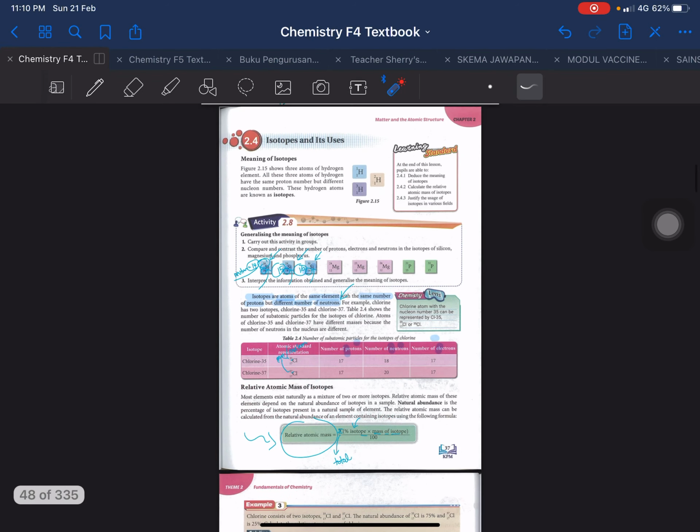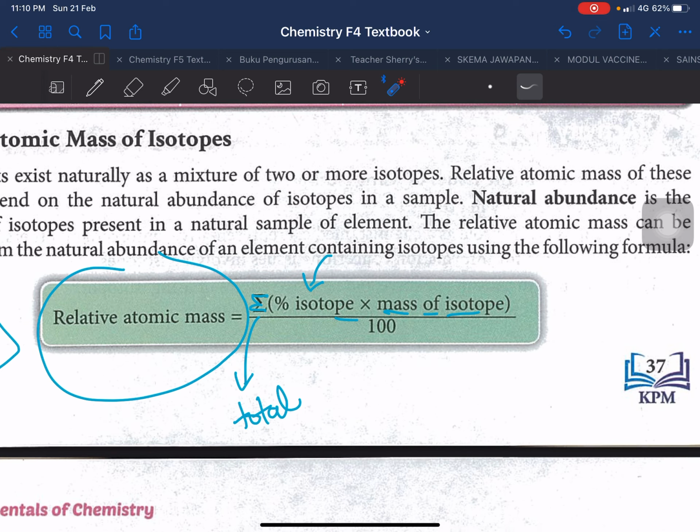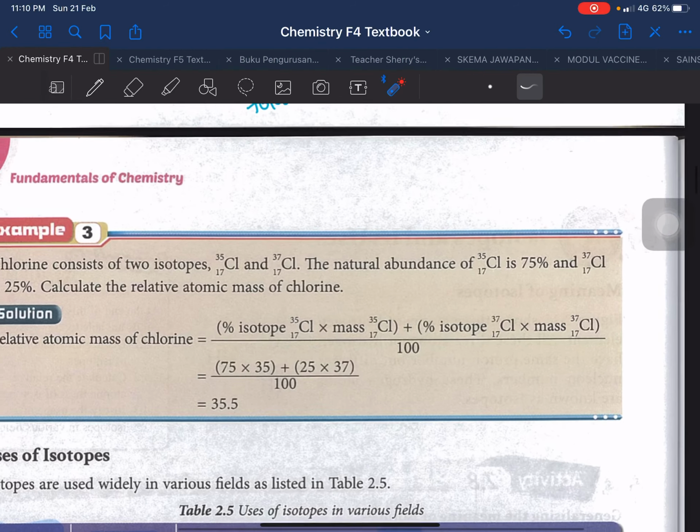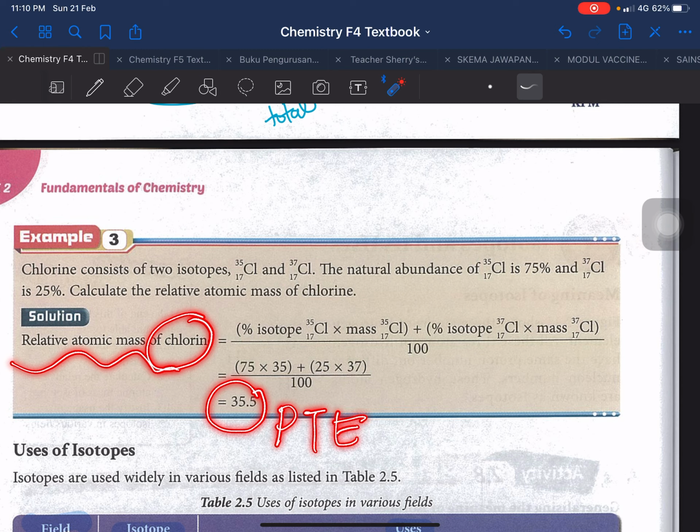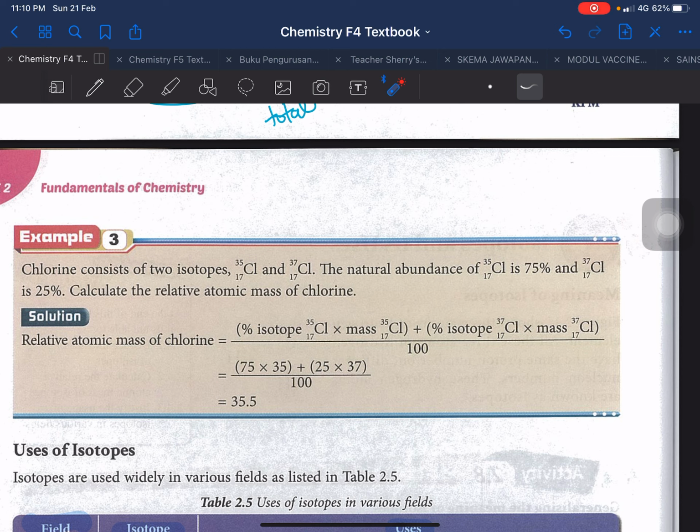The formula of RAM shows that total of percentage of isotope times its mass. Okay, so let us look at this. Relative atomic mass of chlorine. We should get this, because in our periodic table of elements, it is 35.5. So let us see how to count this.